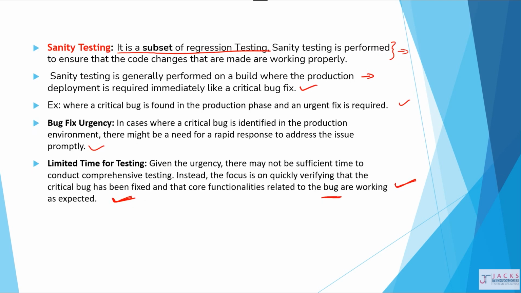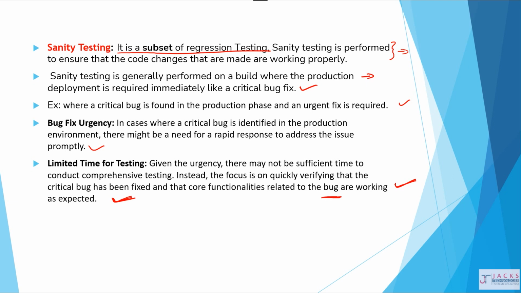Okay, now what is sanity testing? In sanity testing, we did smoke testing, we did system level testing, okay, and acceptance testing, everything is done. Now we are moving this particular product to the production environment. Before moving the product, we have found a critical issue.